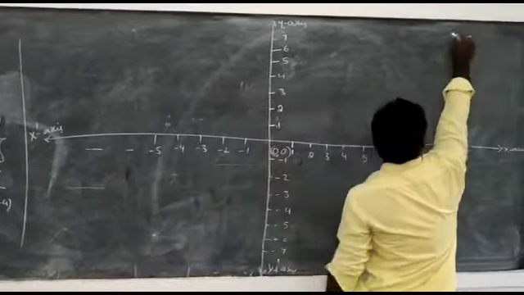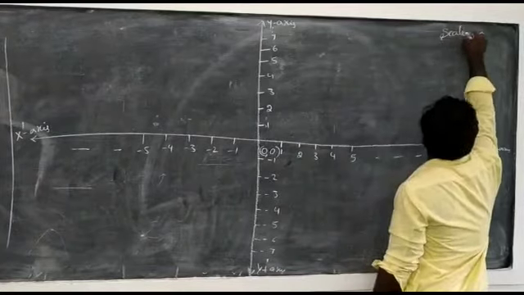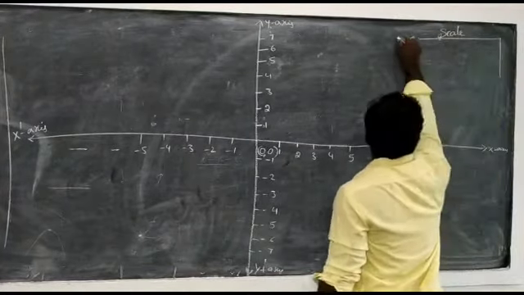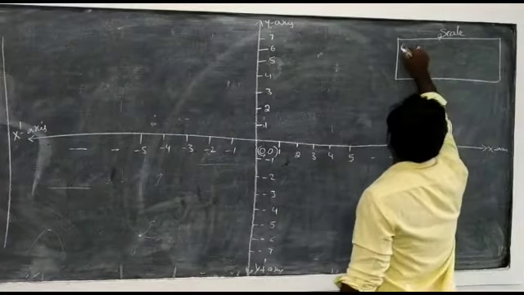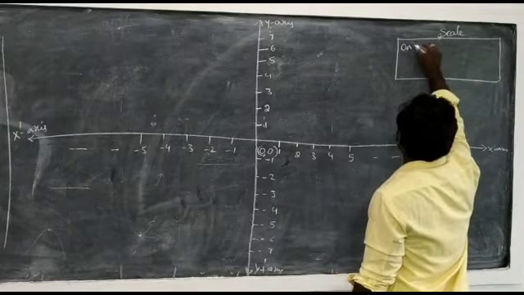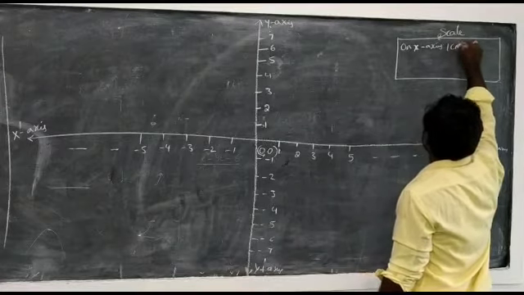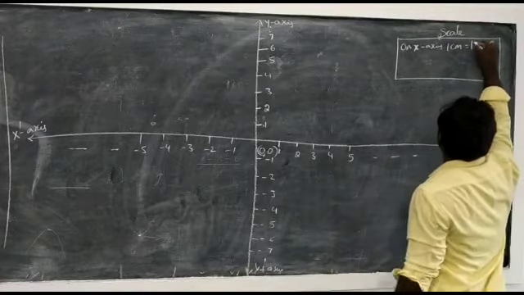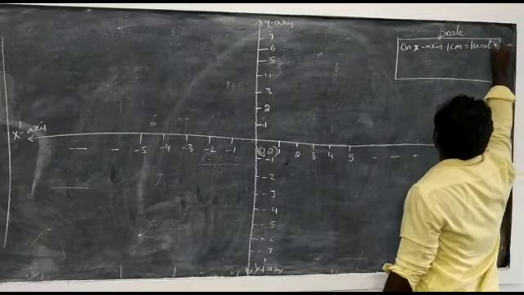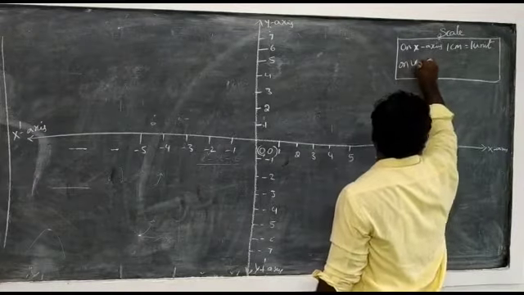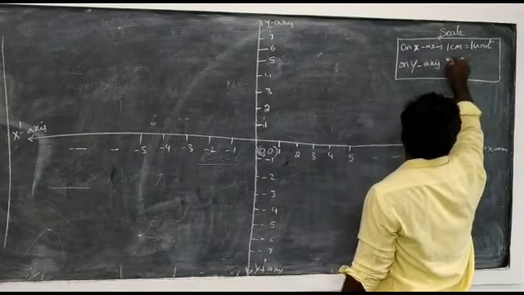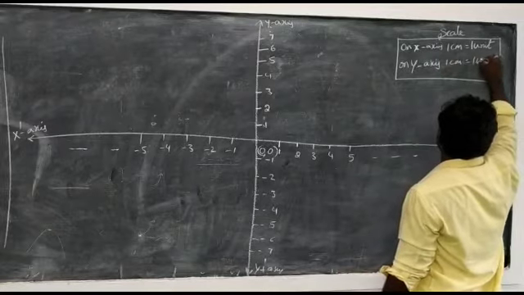That means the scale: on the x-axis 1 centimeter equals 1 unit, and on the y-axis 1 centimeter equals 1 unit.